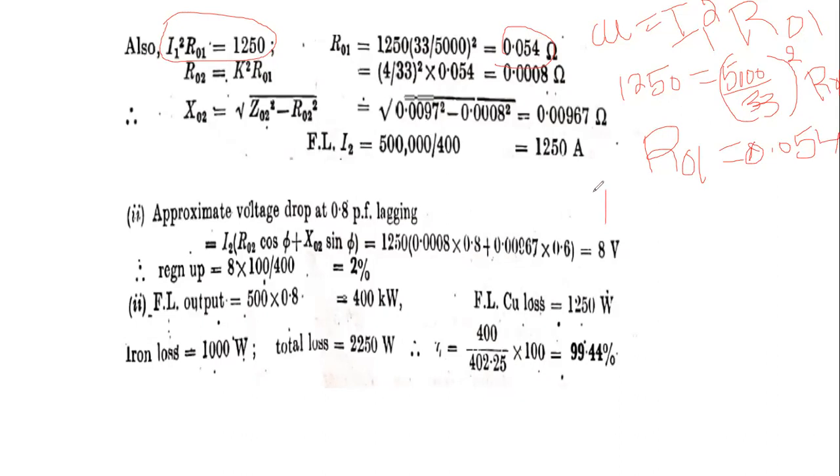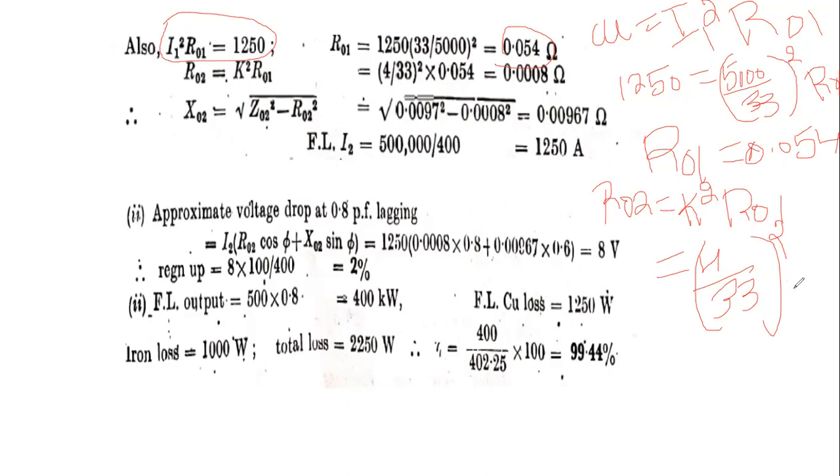Next we calculate the R02. What is the formula for R02? That is K square into R01. K is the transformation ratio that was already calculated in the previous slide, that is 4/33. Therefore K is 4/33, whole square, into R01.